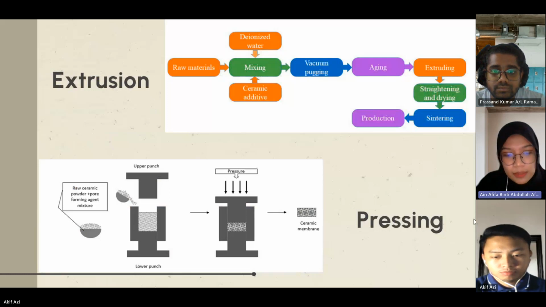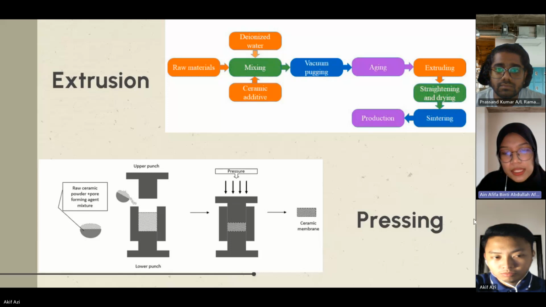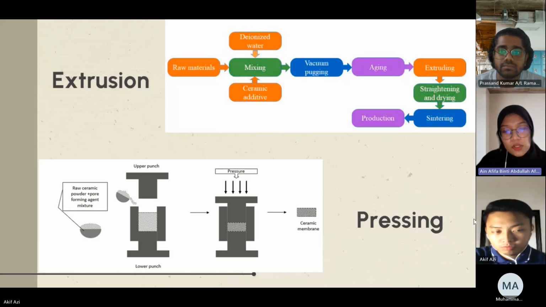A binder can be added to support the mechanical strength of the membrane. Ultimately, a heat treatment and sintering process are used to create a membrane free of cracks and deformation. The use of the pressing technique has been investigated to create tubular UF and MF ceramic membranes.